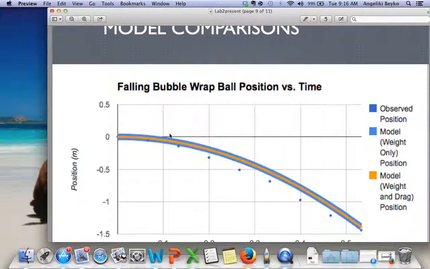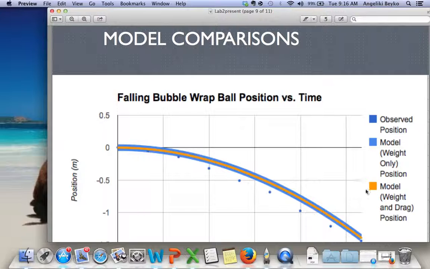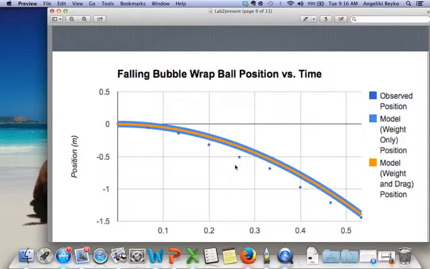So these are the model comparisons. The blue circles are my observed results, which, as you can see, they shouldn't be underneath the weight only model, which is the blue line.